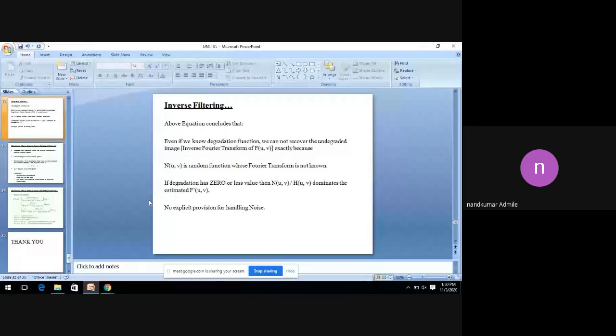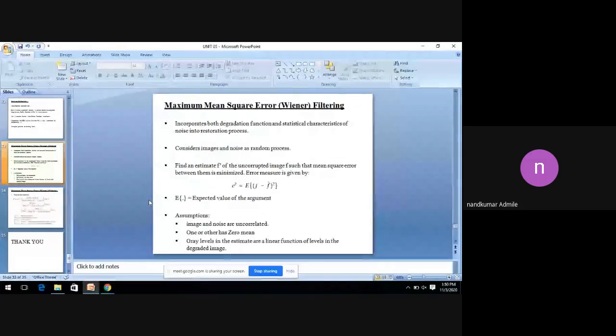Here we can also use a different type of filtering, called the Wiener filtering. The Wiener filtering is also called the minimum mean square error filtering, in short form MMSE filtering.